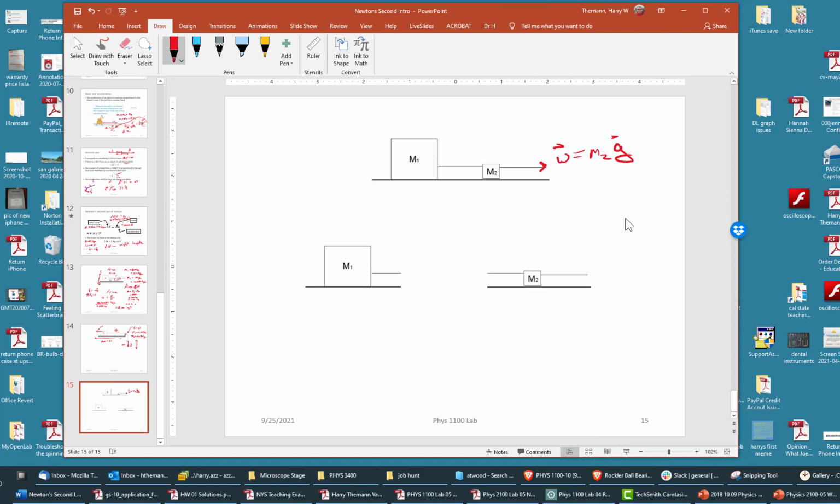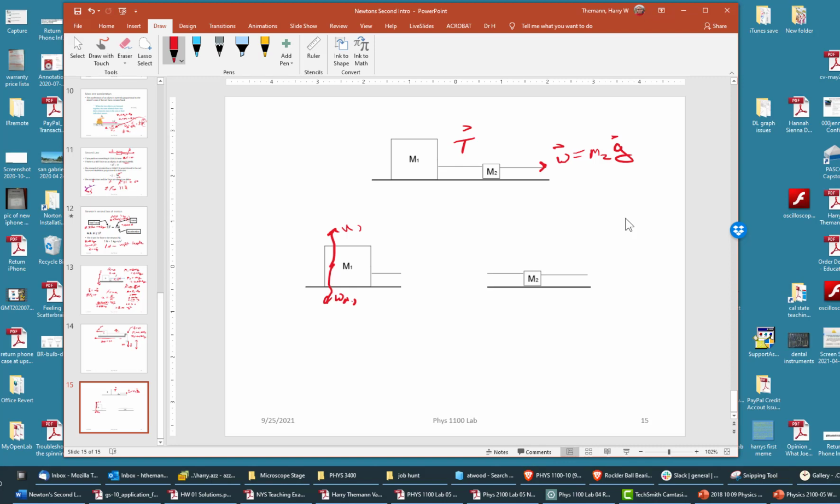And let's see now. What we noticed then is that there's also some kind of tension in this rope. So let's take a look at this. If we look at them individually, this block, of course, has normal force, has weight of M1, and we'll call this 1, those already equal 0.